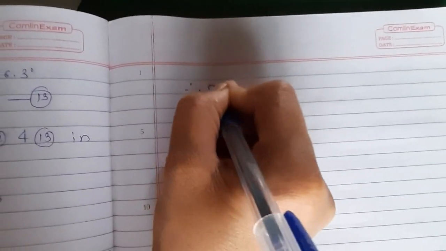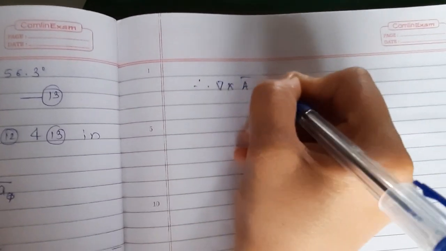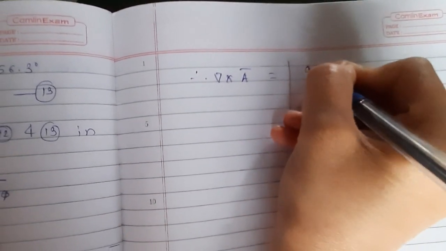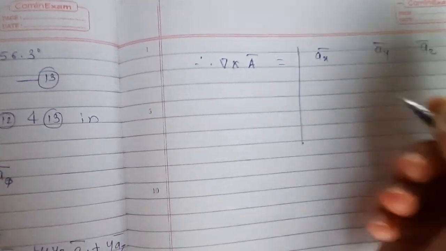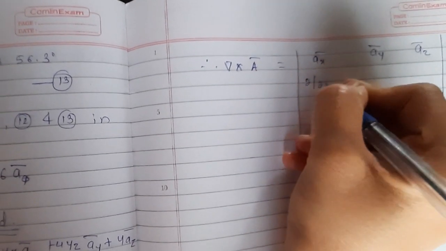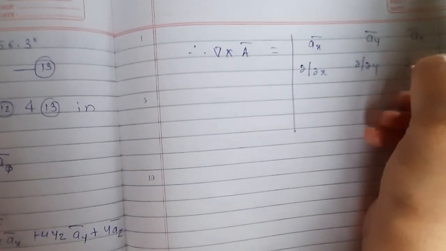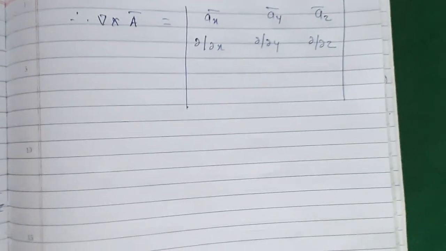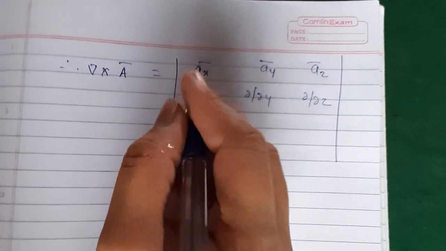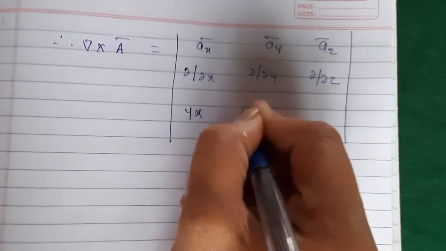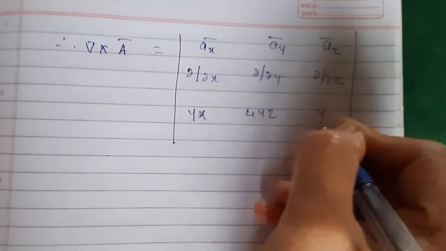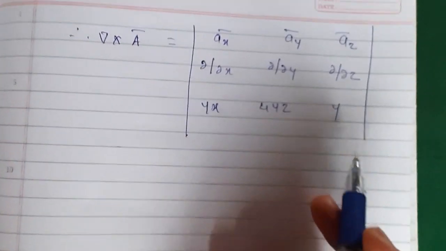Therefore it is ax bar, ay bar and az bar; d by dx, d by dy and d by dz; yx, 4yz and y. Now we have to solve this determinant.